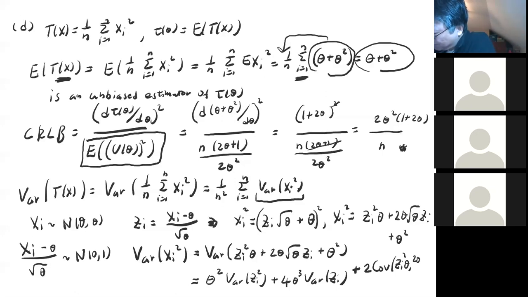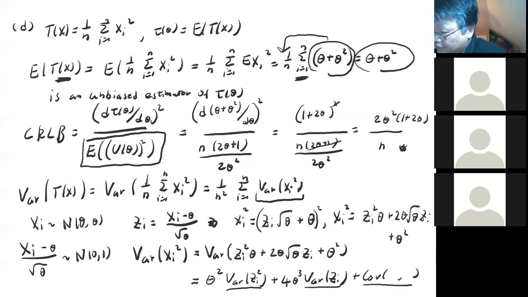Oh, I ran out of space, so let me take this out. First, I'll go back to this: plus covariance. I'll just write it here. In order to derive the variance of Xi squared, you do need to derive this guy, this guy and this guy.